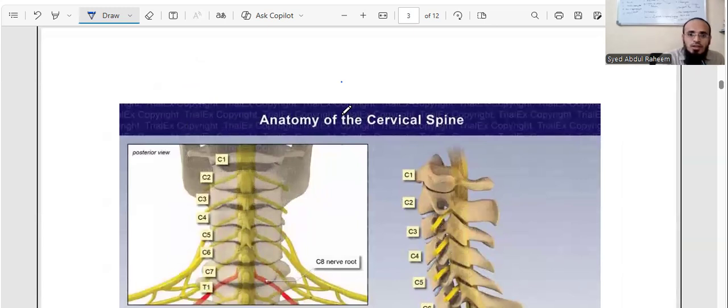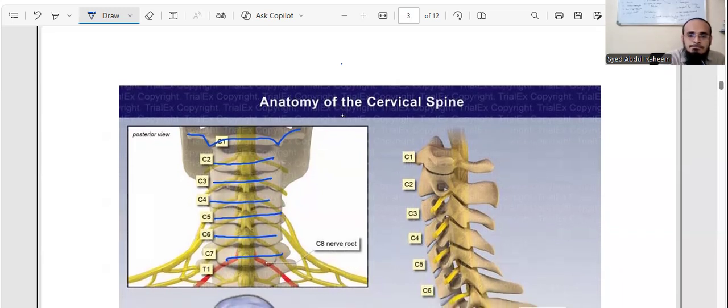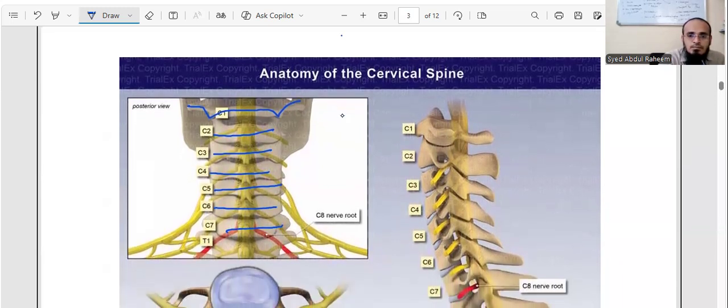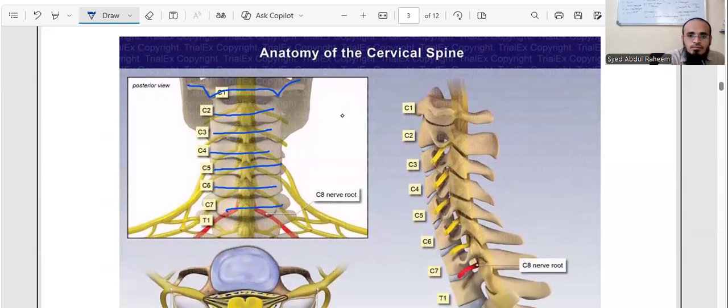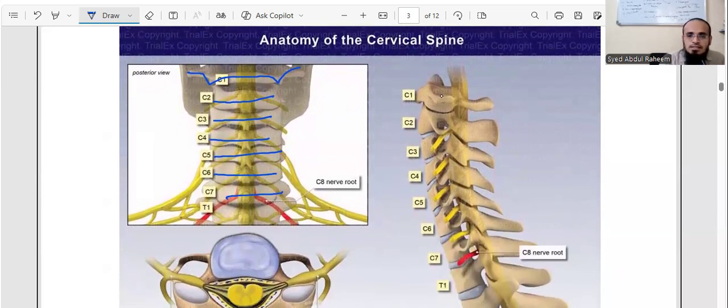Here the cervical spine is going to start: one, then two, three, four, five, six, seven. Okay, you can see this is C1.